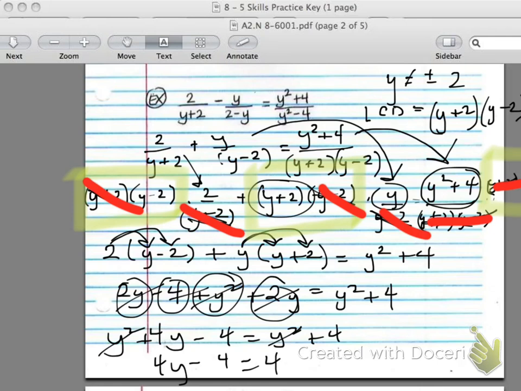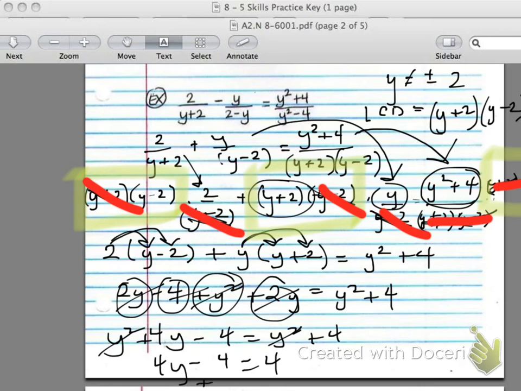So that's just a simple linear equation. All I have to do now is solve. Instead of moving that 4 over to get it equal to 0, that's not necessary. So let's just solve from there.